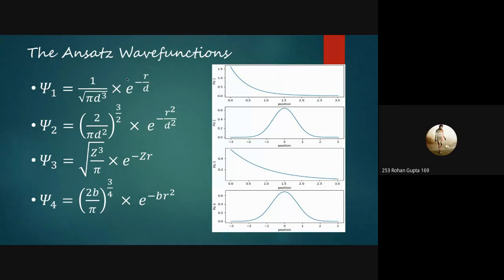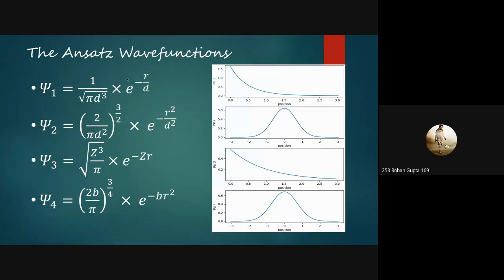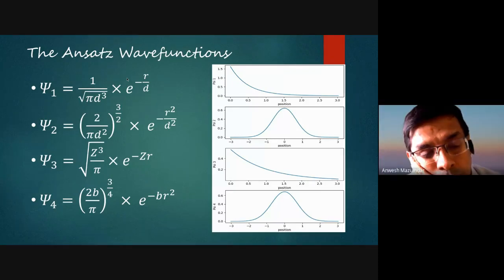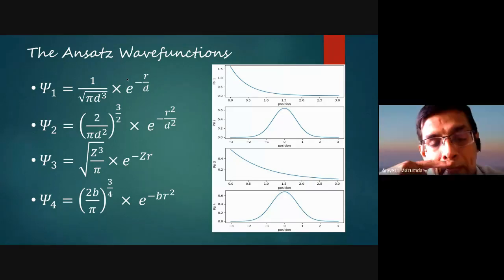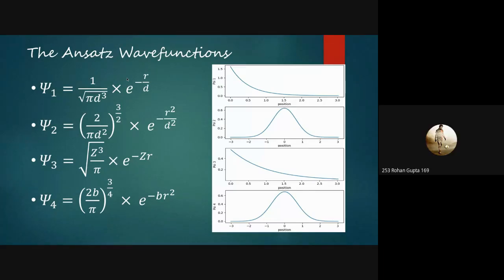If you just replace Z by 1 by D, you get exactly Psi1 from Psi3. The same would be true between Psi2 and Psi4. And your curves also show the same thing. Look at the graphs, they just confirm that. Yes, sir, I agree with that.